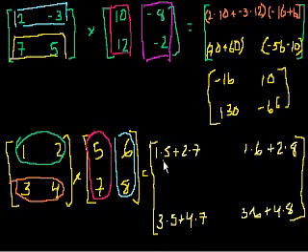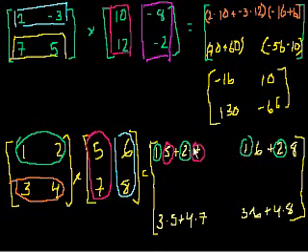Let me just remind you where all of the numbers came from. We have that green color, right? This 1 and this 2, that's this 1 and this 2, and this 1 and this 2. Notice, these were in the first row, and they're in the first row here. And this 5 and this 7, that's this 5 and this 7 and this 5 and this 7.